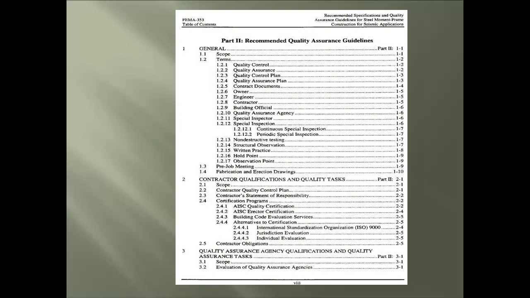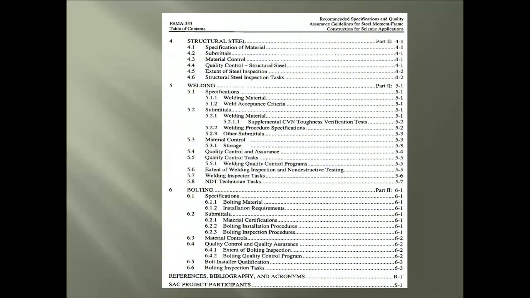Now, moving back to keep reviewing the table of contents, we see Chapter 3, which covers the qualifying and practices for the QA agency. Moving on to Chapter 4, structural steel. This covers the items for material approval. Now we see Chapter 5, welding, which reviews items such as weld acceptance criteria and material control.